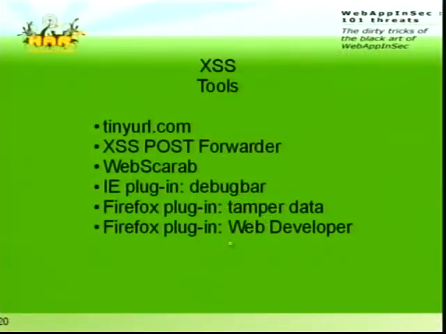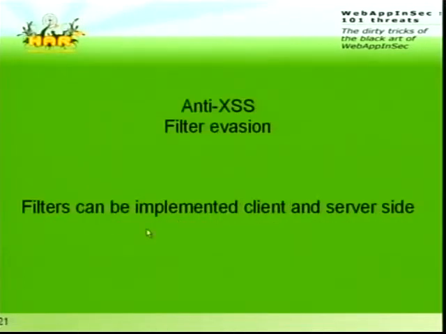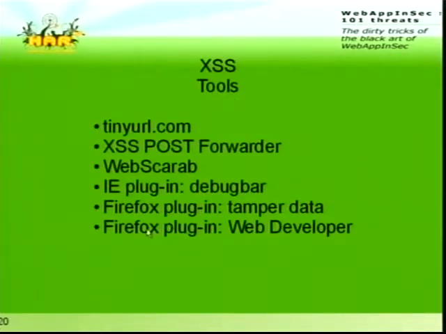And in Firefox I use the Web Developer toolbar, which does about the same as the debug bar. It gives you the ability to look at the runtime generated content that's stored in the document object model.